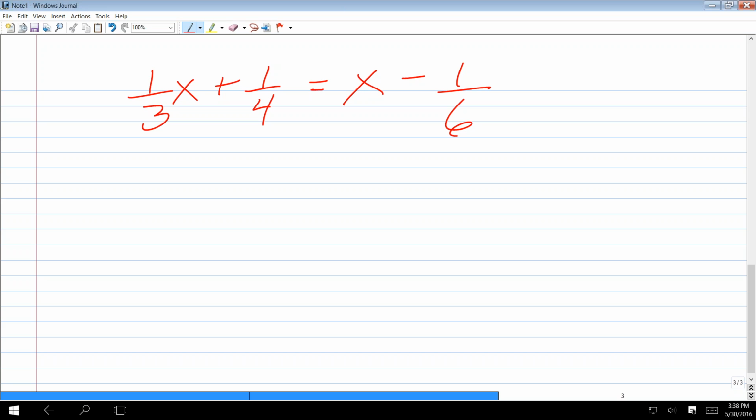What can I multiply the left and the right side by to make all my denominators disappear? It's the least common denominator that you're looking at. So what's the least common denominator with 3, 4, and 6?